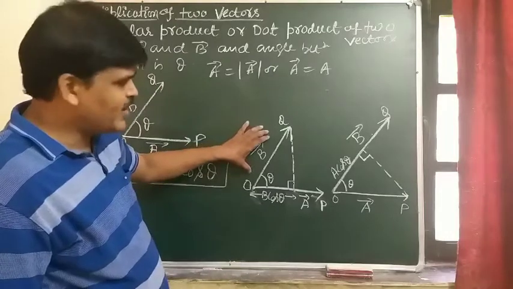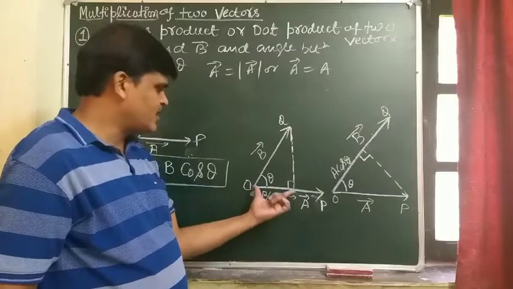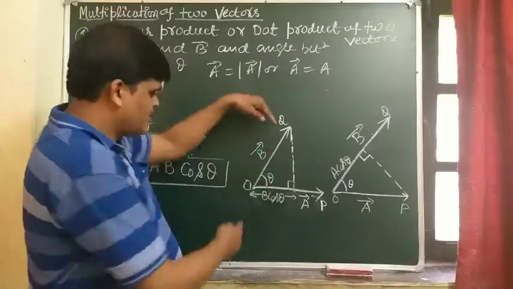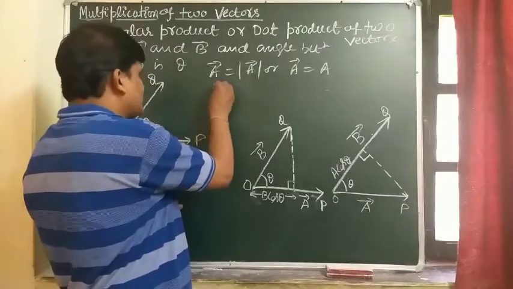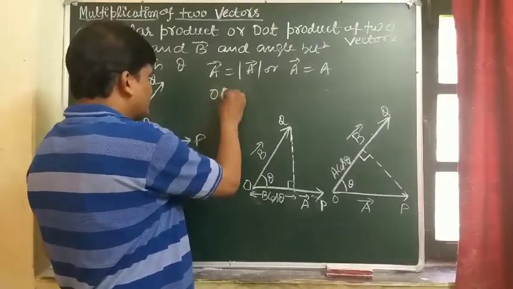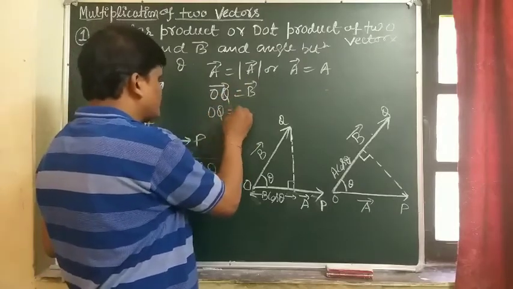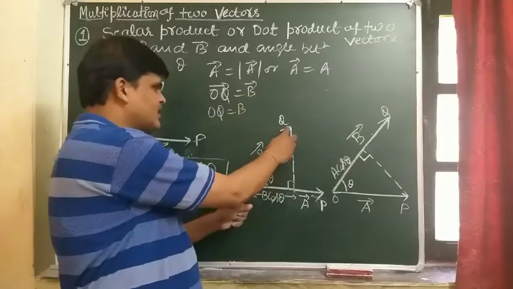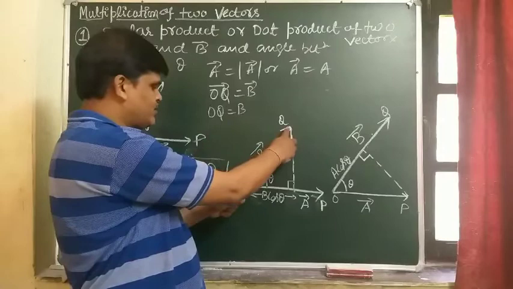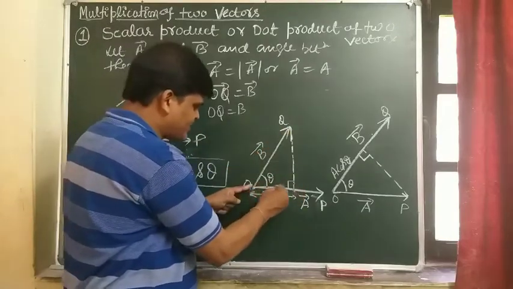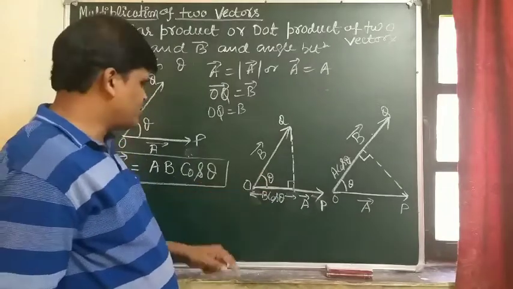So what is the component of vector B in the direction of vector A? Component means base by hypotenuse. The magnitude of vector B is OQ, which is only B. This length is the magnitude of vector B, and this is the base.